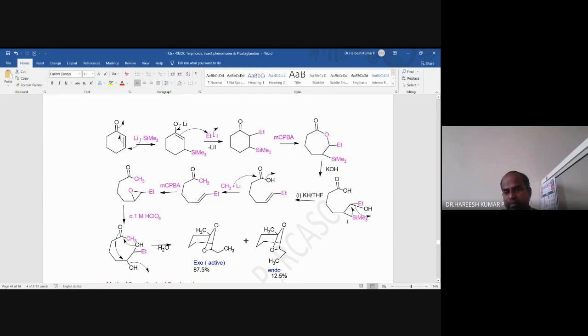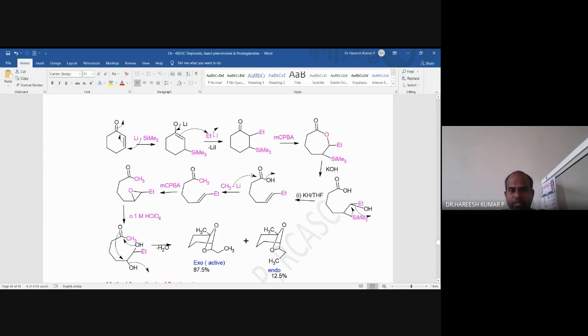At this moment, the carbon-silicon bond pair can come over here and OH will go out. Here, what is the leaving group? The leaving group is trimethylsilyl hydroxide. This is happening in the presence of potassium hydride, which is a base, and THF, tetrahydrofuran, is the solvent. What is the compound obtained? A double bond, an alkene, is obtained.